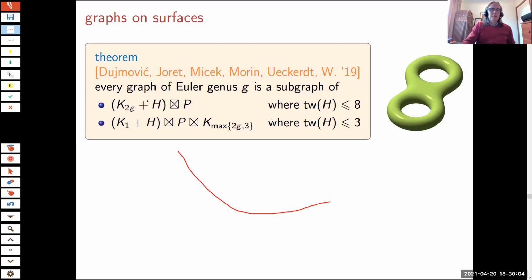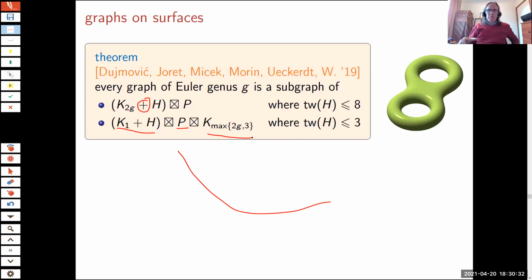Now the plus here just means the complete join. So you take a tree width 8 graph, complete join to a bounded size complete graph, and then times that by a path. And then there's another theorem here where it's just a single vertex times a path times a bounded complete graph.